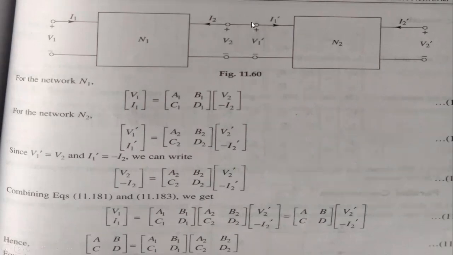Same here, I1 dash will equal I2, no doubt at all, only the change in the direction. See here the direction of the currents and the potentials. So V1 dash equals V2, whereas I1 dash equals I2. We are keeping these changes just to reduce the circuitry. Likewise, if you substitute here, V1 dash will equal V2 and I1 dash will equal minus I2, so there will be a change here.